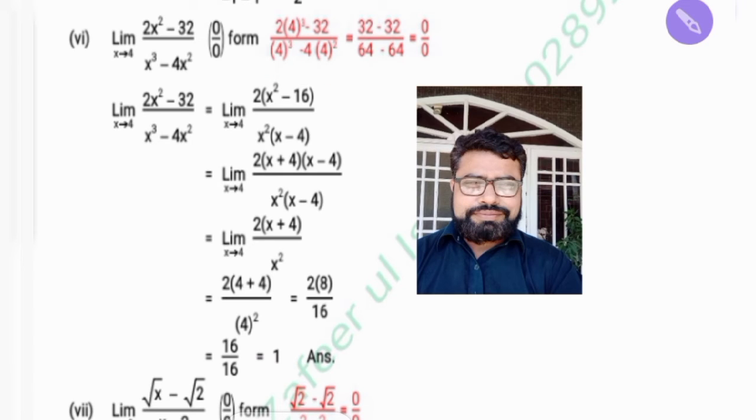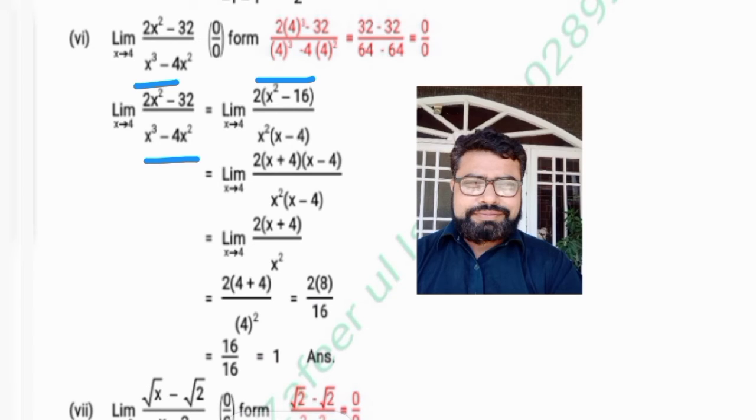Now I will apply the algebraic technique to remove 0 by 0 form. As there is 2 common from the numerator, we will have x square minus 16 inside the bracket.